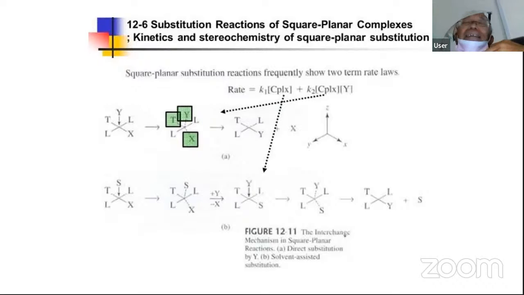So at the end, you will come up with whether it is associative or dissociative. At the interchange, it's just for you to understand that something happens at the interchange, maybe a change in geometry.